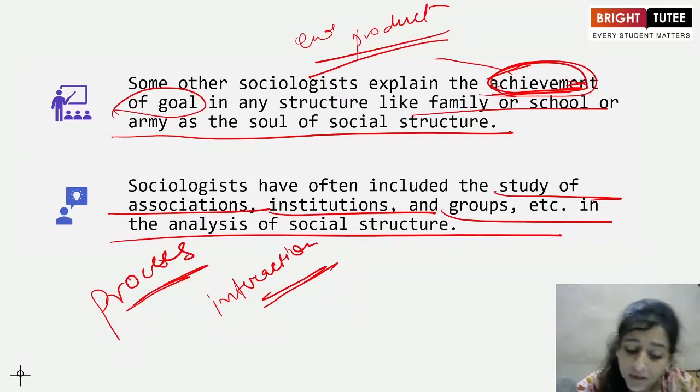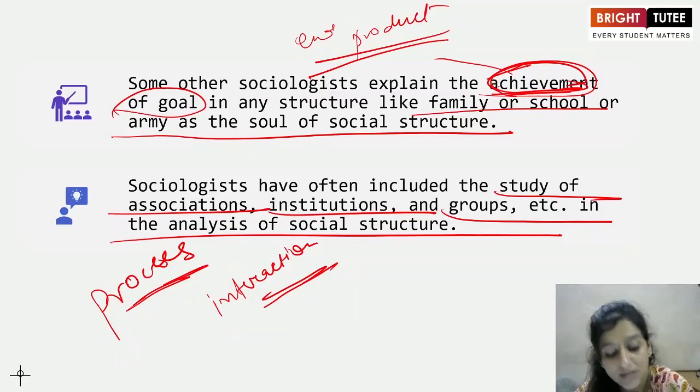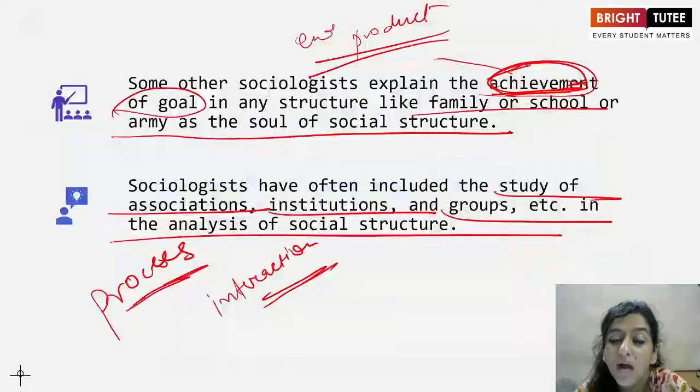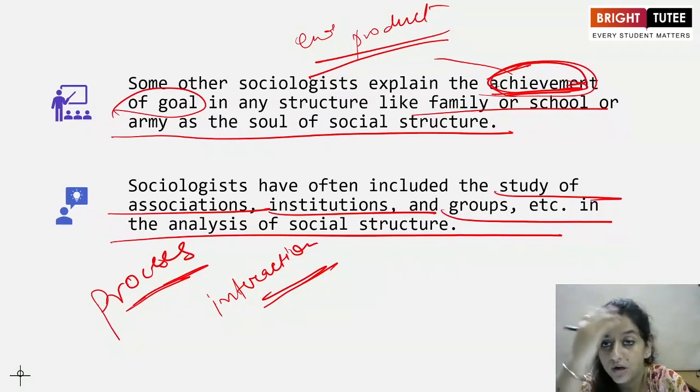So herein we see that sociologists have their own priorities. They have their own understanding, their own way of looking at things, their own ideas, their own ideologies, and their own way of presenting things in front of the world.